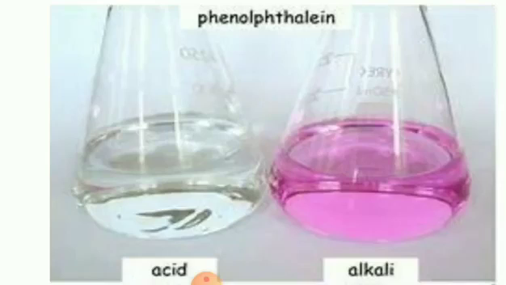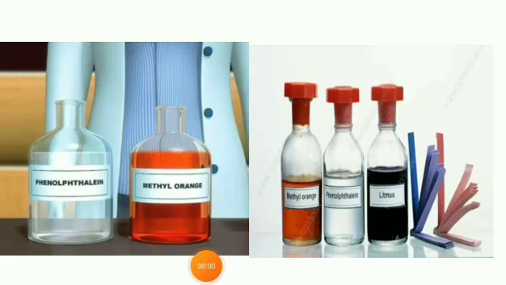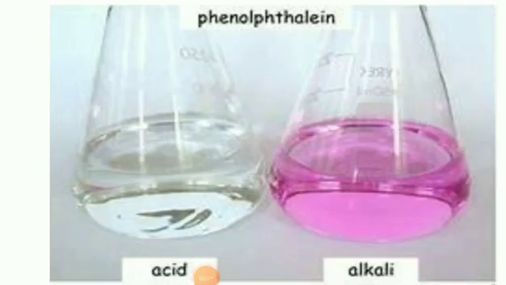First phenolphthalein. Phenolphthalein is a colorless compound, isn't it? Yes. See the picture. When phenolphthalein is added to acid solution, the color does not change. When phenolphthalein is added to base solution, the color changes to pink. Do you understand, students?